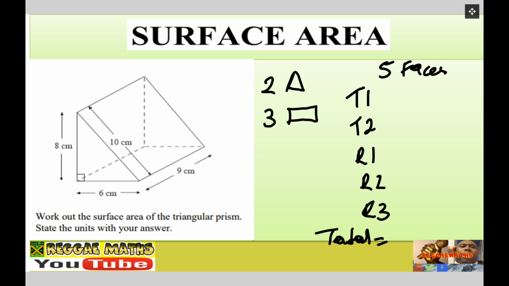So base times height divided by 2, so it's going to be 8 times 6 divided by 2. So it's 8 times 6, which is 48, divided by 2 is going to be 24 centimeters square. So triangle 2 is going to be 24 centimeters square.